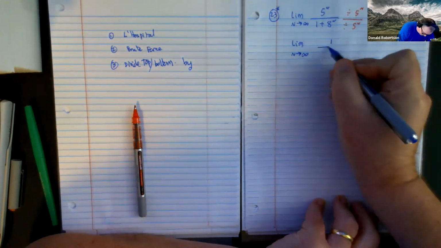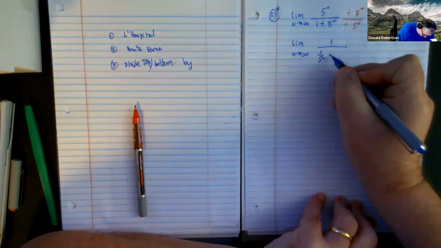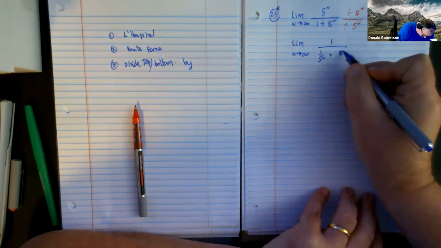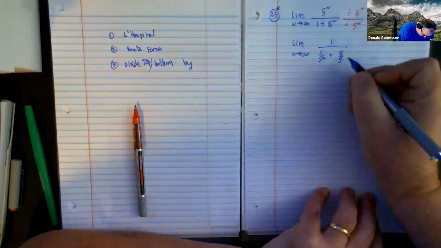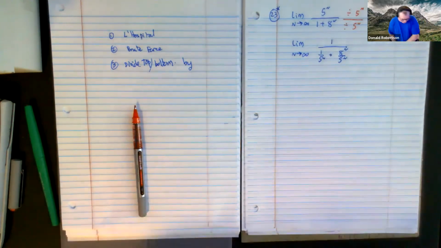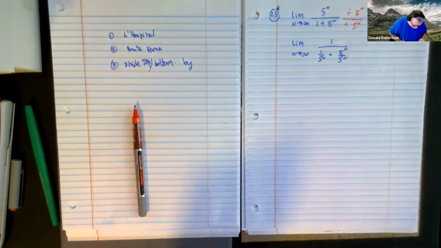Well, you get 1, which is always nice. You get 1 over 5 to the n, okay? And you get 8 over 5 to the n, right? So far, so good. Now, we're going to do some brute force stuff here.